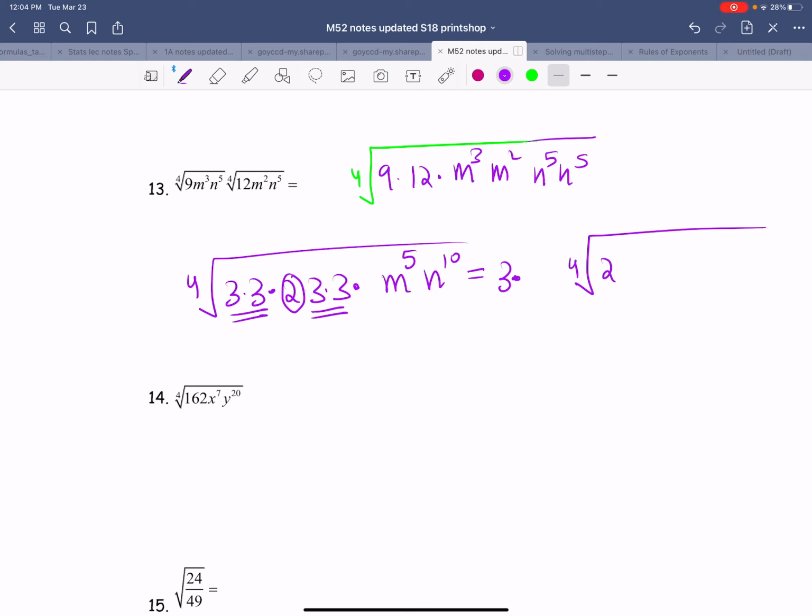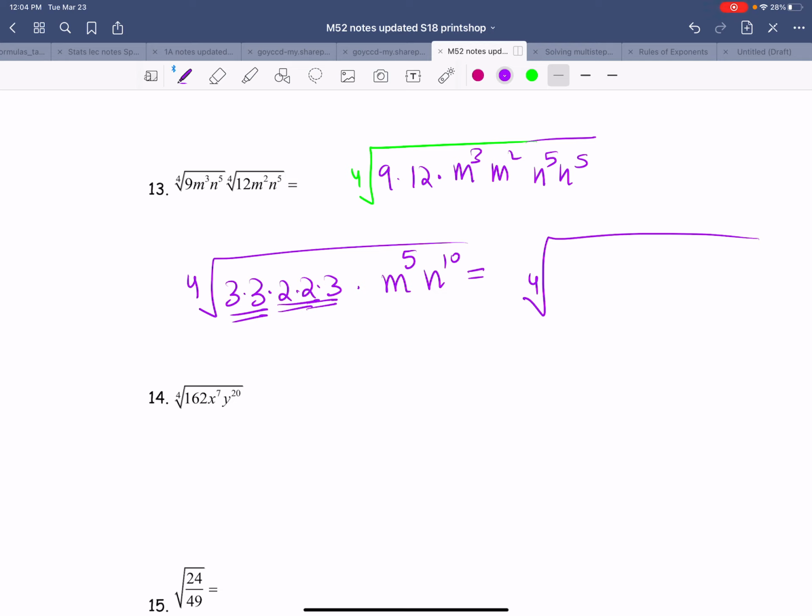Let's see now. 3 times 3 is 9. I think that does not look right. 3 times 3 times 2 is not 12, so that's not right. 2 times 2 times 3 is 12. Okay, so here's a bit of trouble. I did not do the factorization correctly for 12, but now I fixed it. Let's check. I don't have 4 3's or 4 2's inside to be able to pull one out.